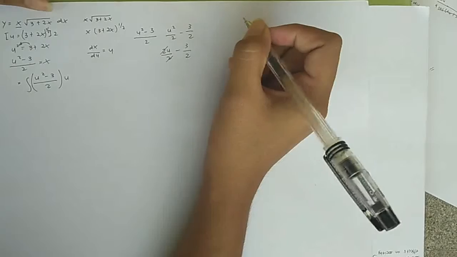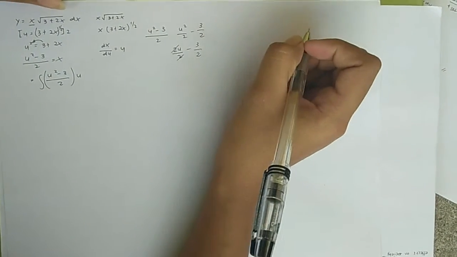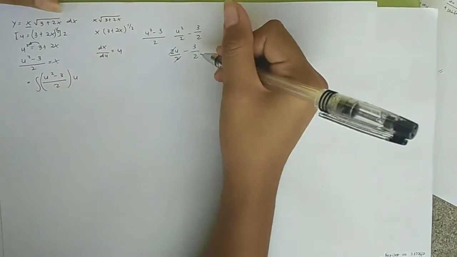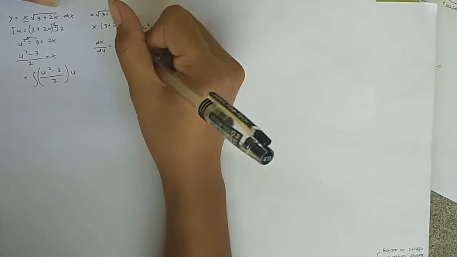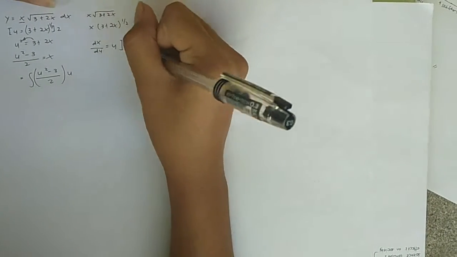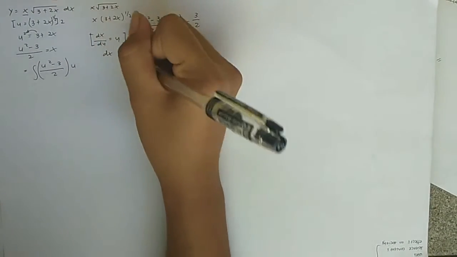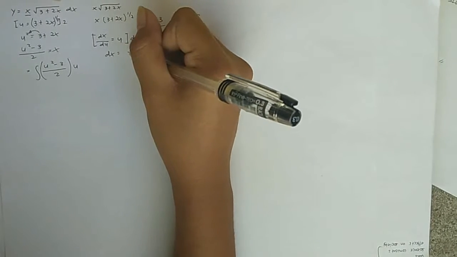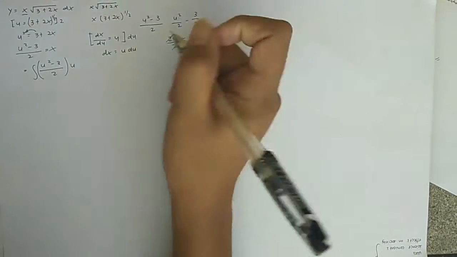In deriving the derivative of a constant, it's going to be 0. So the constant is 0. Now we have the value of u. Then we're going to multiply it by du to get the value of dx. dx is equal to u times du.